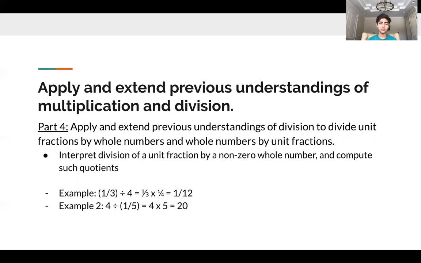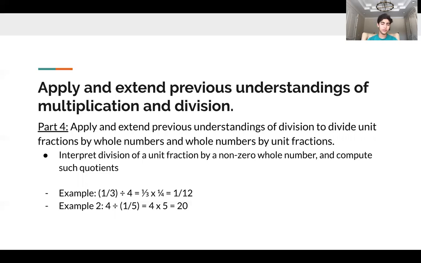So if you have 1/3 divided by 4, go ahead and make it 1/3 times 1/4. All you did is flip 4 over 1 to give you 1 over 4. Now just proceed as you usually do, and 1/3 times 1/4 is equal to 1/12.